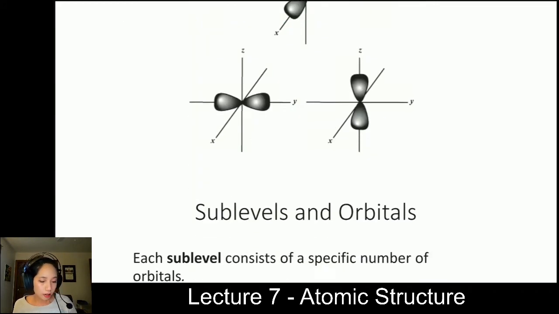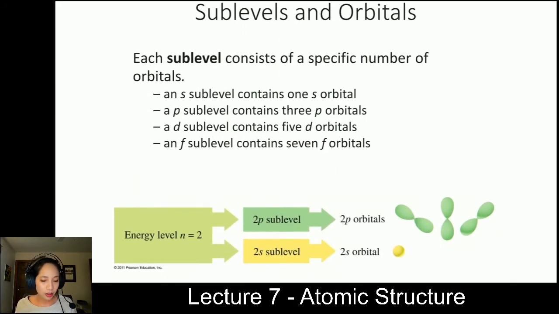Okay, so to put everything together when thinking about sublevels or subshells and orbitals within a certain n value, remember, each sublevel consists of a specific number of orbitals. If you have an s sublevel, it will contain only one s orbital.